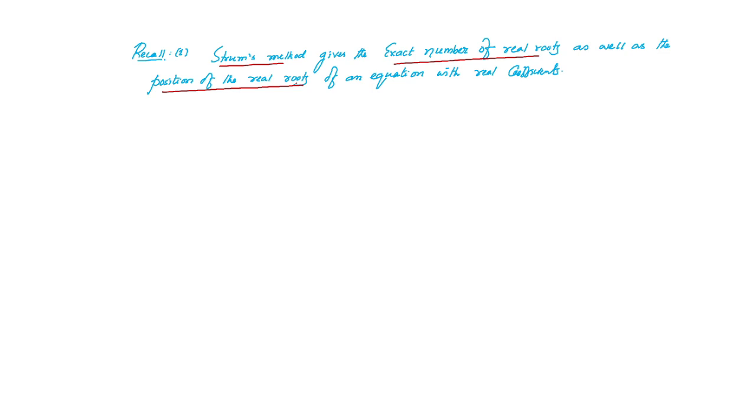Now we will think about what is exactly called the Sturm function. So our next recall is about Sturm function. So what exactly do we mean by the Sturm function?